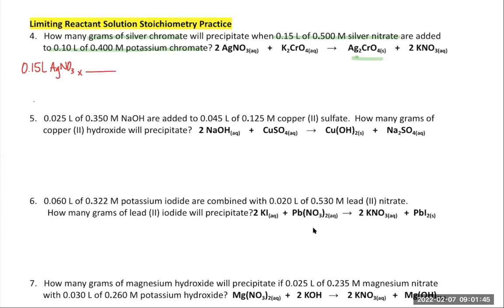It's 0.5 molar, which means it's 0.5 moles for every 1 liter. And my liters will cancel with the liters from my starting number. Remember, every time we do stoichiometry, something is canceling out until we are at the unit that we like.